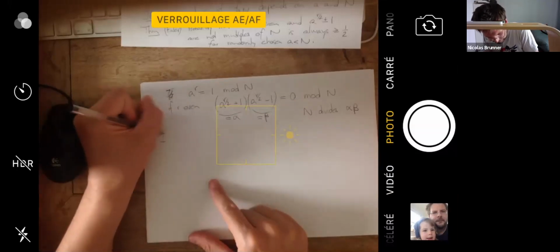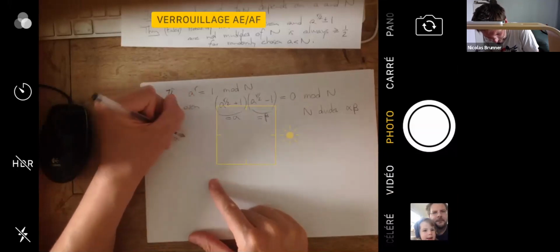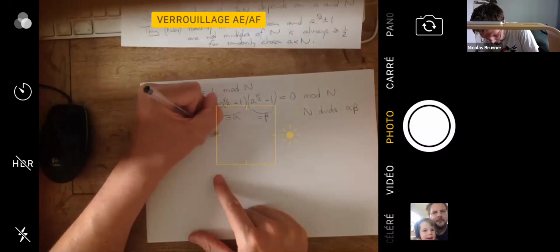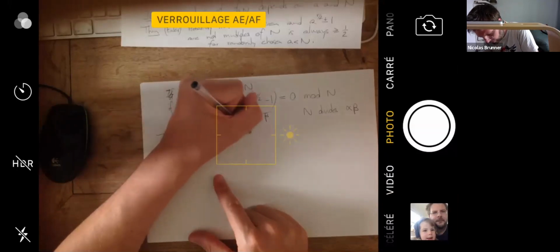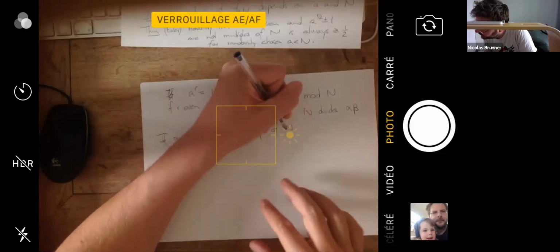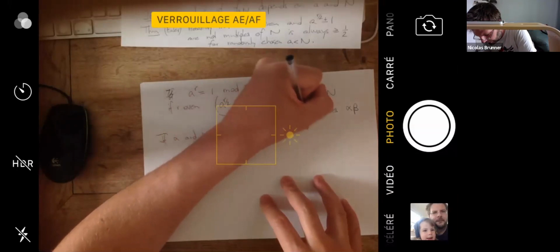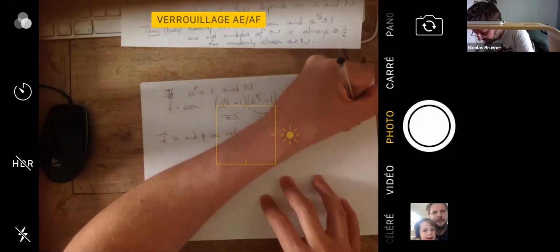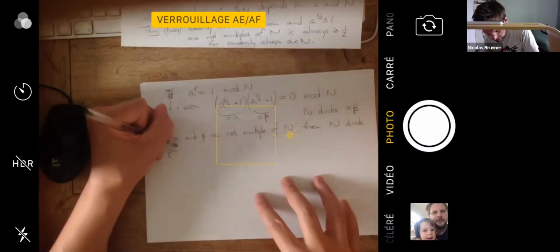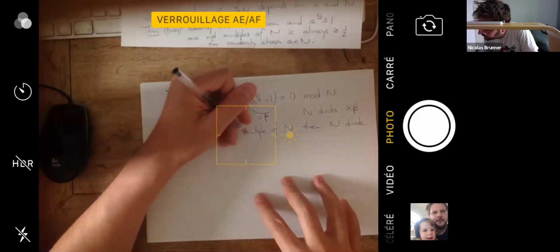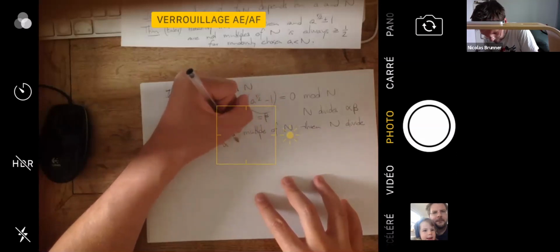So if alpha and beta are not multiples of n, then n should divide partially into alpha and beta.